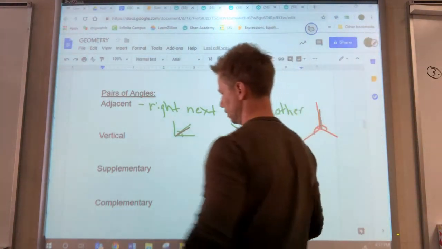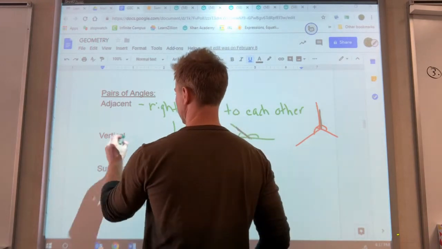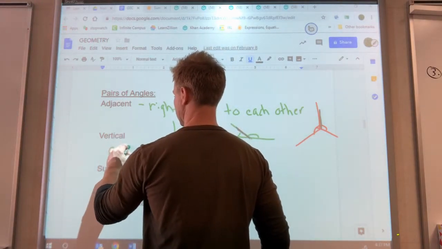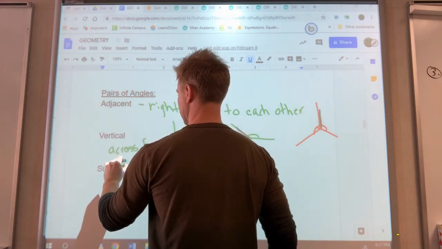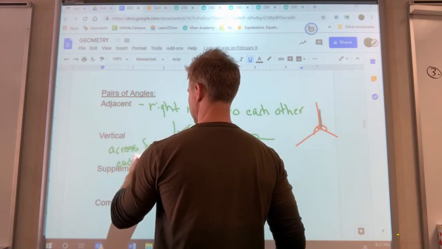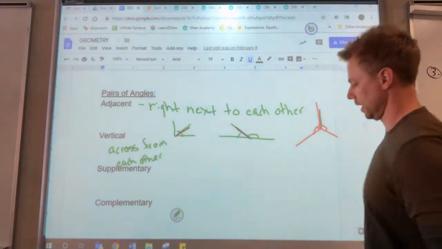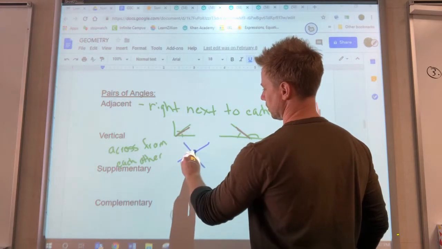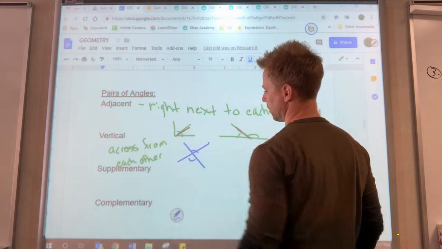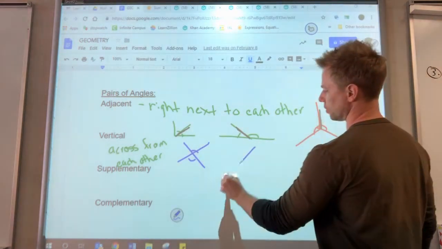Vertical angles are across from each other. Okay, and they are formed by two intersecting lines. So it could be the top and the bottom. They're across from each other.